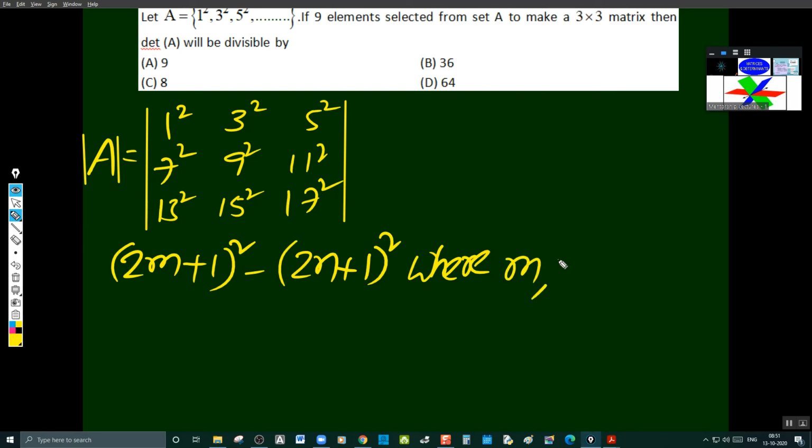Because it is 1 square, the elements cannot be repeated. Only 9 elements are to be taken, so let us take it as natural numbers, no issues.